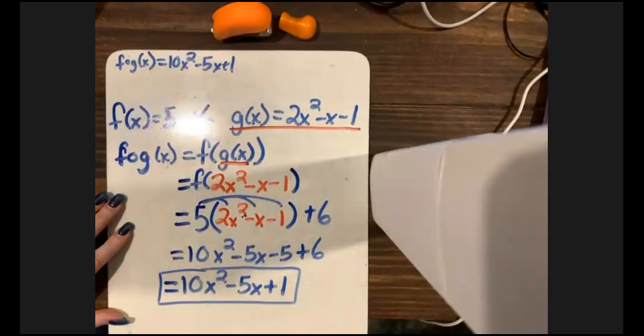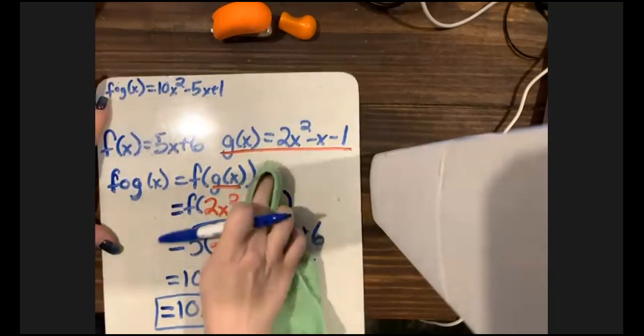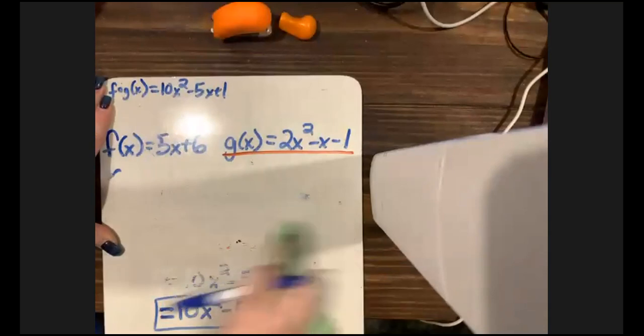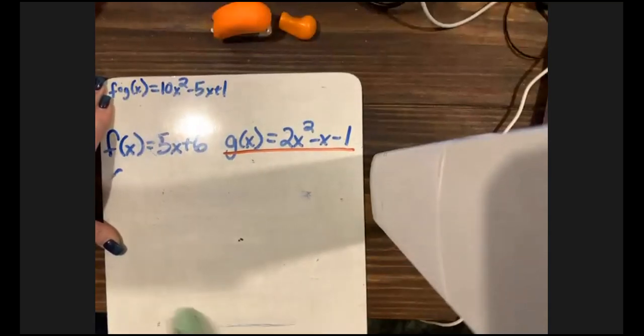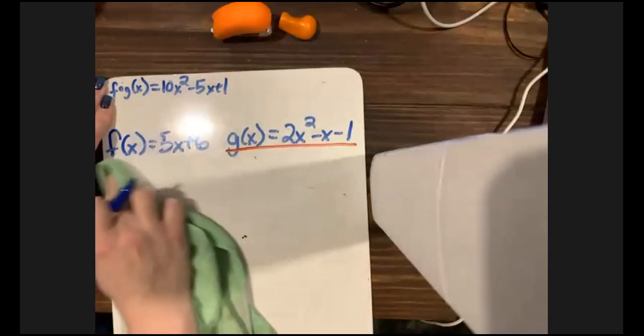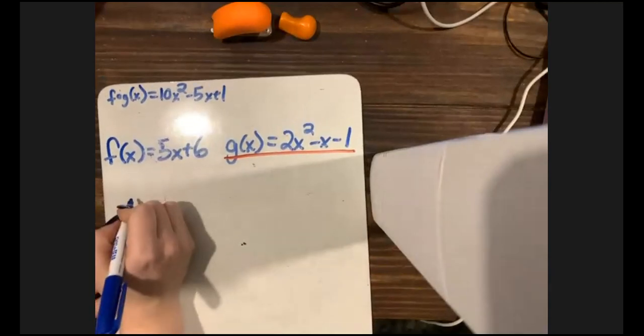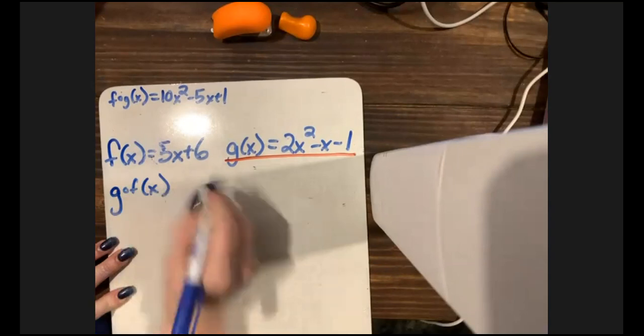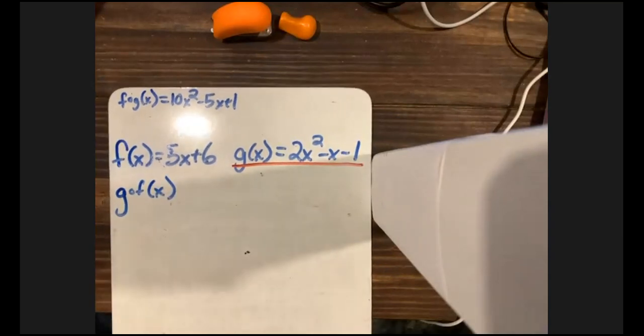Because what I'm going to do now, and this isn't in the original PowerPoint, is I'm actually going to run this the other direction. So that was f of g of x. I'm now going to run this the other direction and do the g of f of x.